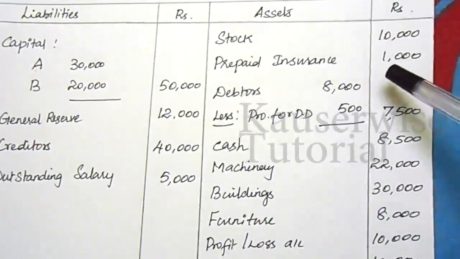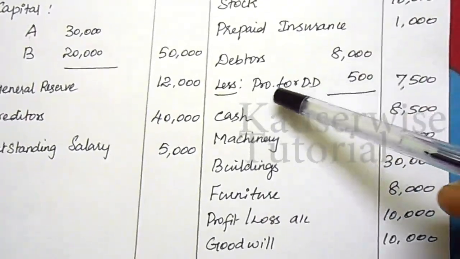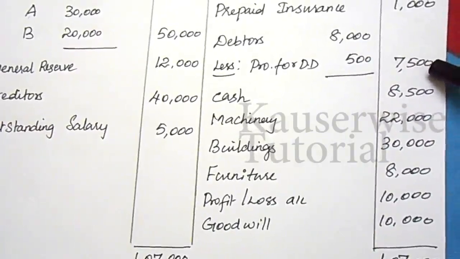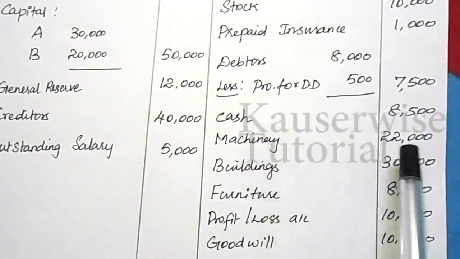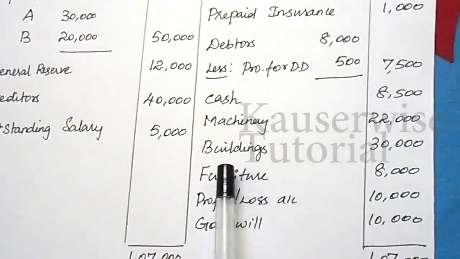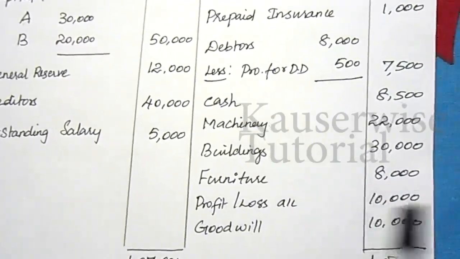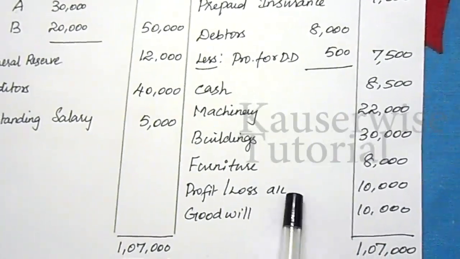Stock 10,000, prepaid insurance 1,000, debtors 8,000 minus provision for doubtful debts 500, balance 7,500, cash 8,500, machinery 22,000, buildings 30,000, furniture 8,000, profit and loss account 10,000. It is a loss.